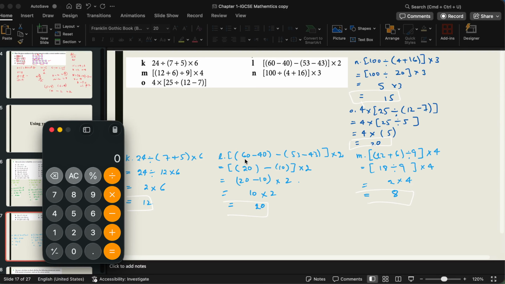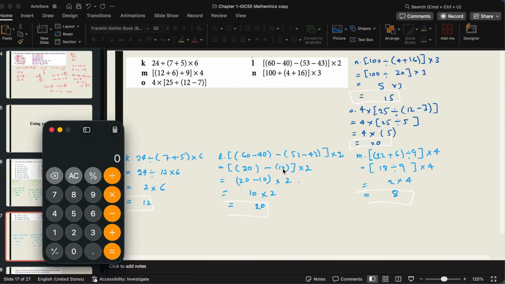Next we have not only parentheses but square brackets as well, and outside the brackets we have multiplication. So first we start with the innermost brackets, which are the parentheses. Since we have two brackets, we are going to solve them simultaneously because both are our priorities. 60 minus 40 is 20. 53 minus 43 is 10.